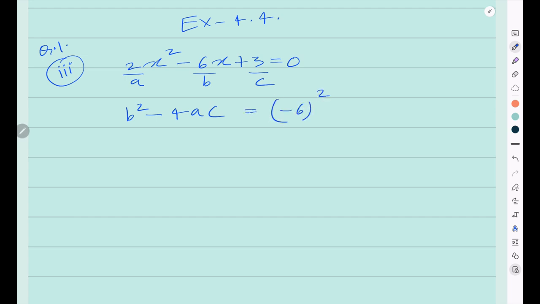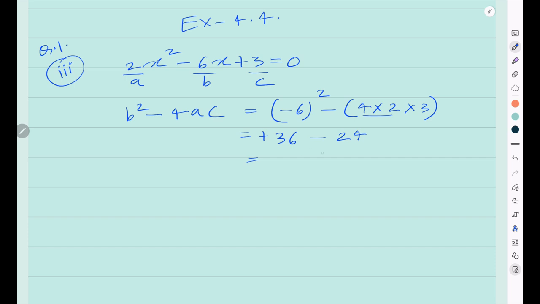b square, b is minus 6 square, minus 4 into a is 2 into c is 3. So minus 6 whole square is plus 36, and here it's 8 into 3, 24.